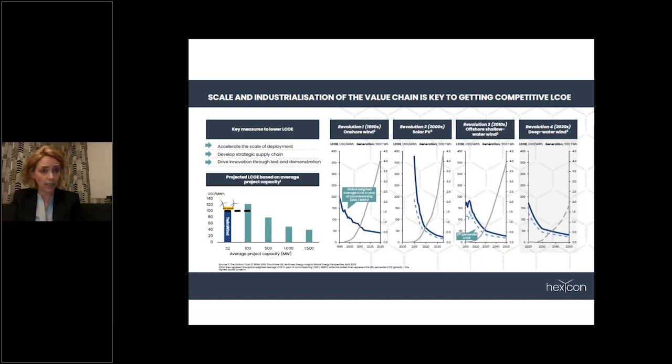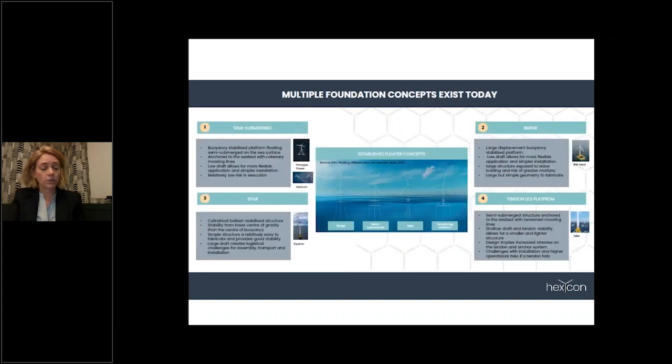And as we move now into the next chapter of deep water wind, that's where our eye is collectively on the prize, both industry and policymakers, really working in partnership to accelerate and improve that offering as quickly as possible. And so, when we look to the diversity of foundation opportunities and concepts that exist today, there's a variety of technology.